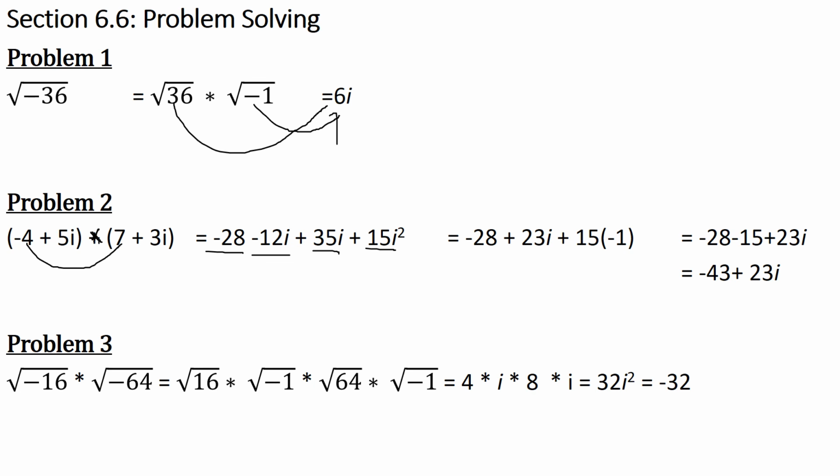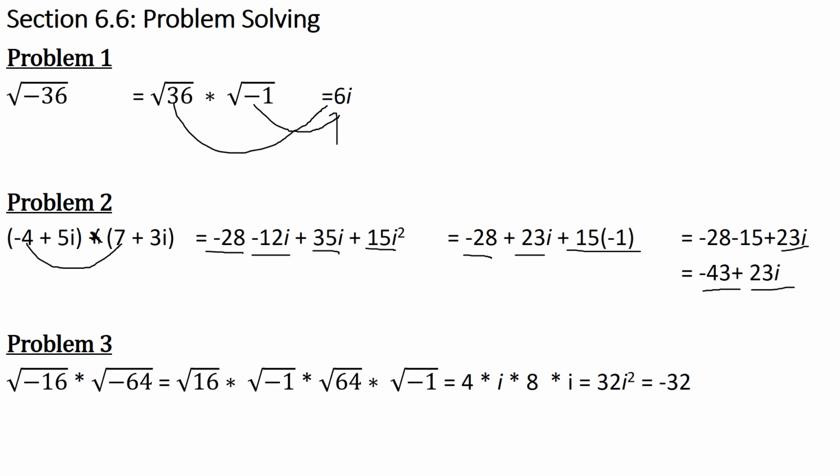So I got negative 28 minus 12i plus 35i is 23i. And then 15i squared, which is 15 times minus 1, which is minus 15. So minus 28 minus 15 is minus 43. And 23i remains the same. Final answer, minus 43 plus 23i.